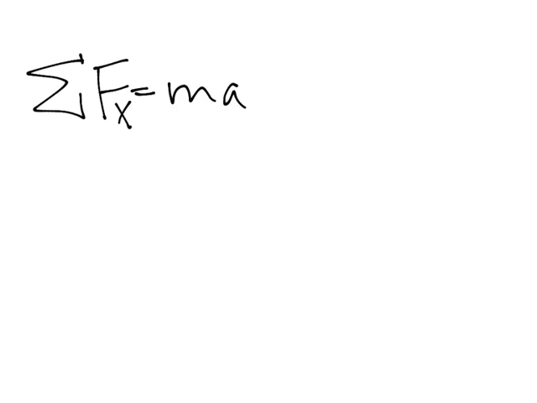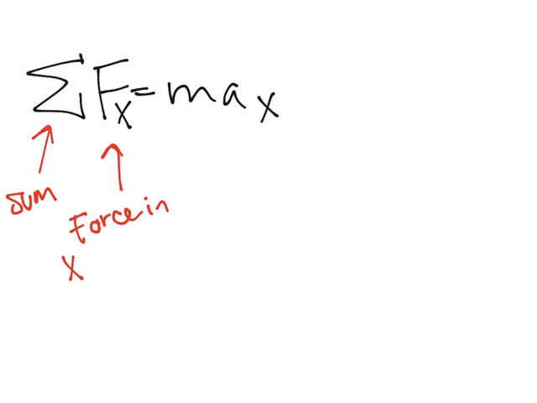So we've been learning about how when we do Newton's law, F equals ma, we can't just leave it with F equals ma. We have to do it in a specific direction. So we have to have the sum of the forces in the x direction, which is in newtons.